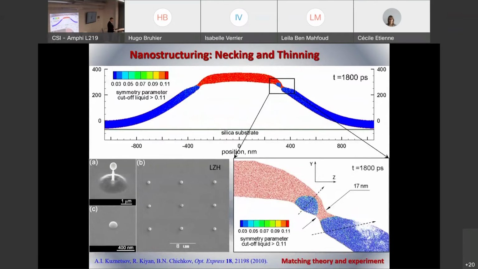So eventually, the energy that was put into this system was a little bit high, and by the time of almost 2 nanoseconds, we reached the situation of thinning of the material at the place where solid and liquid are connected, and the material is going to fly away, which is basically the mechanism of spallation.